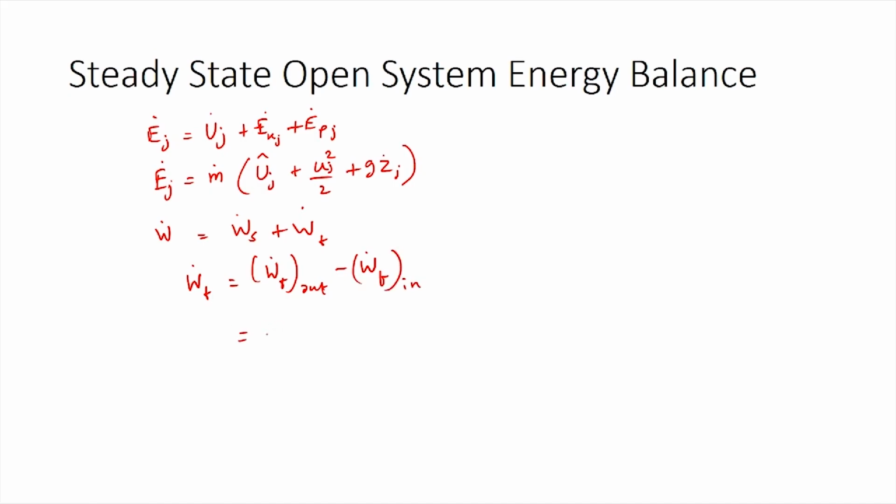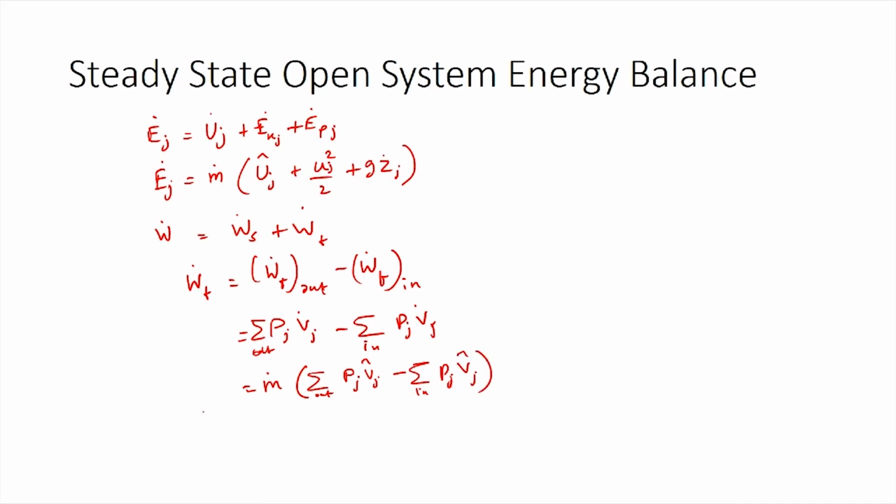This basically can be written as sigma of Pj Vj dot in the output minus sigma input of Pj Vj dot. Sorry, this is Vj dot, not Vj cap. This then being converted to specific volume, we can have m dot times sigma out of Pj Vj cap minus sigma in of Pj Vj cap. So, this is your flow work.